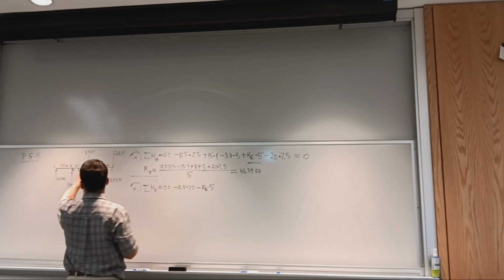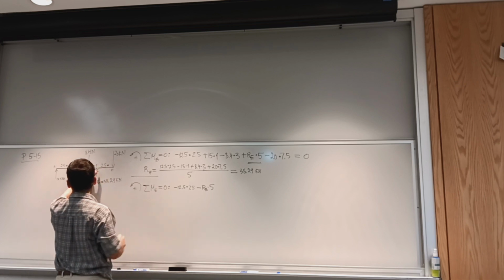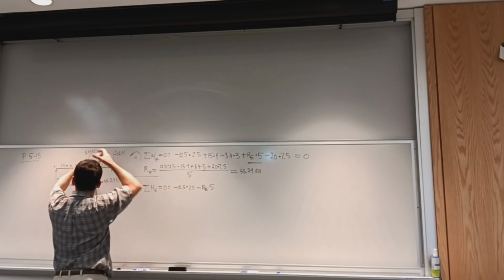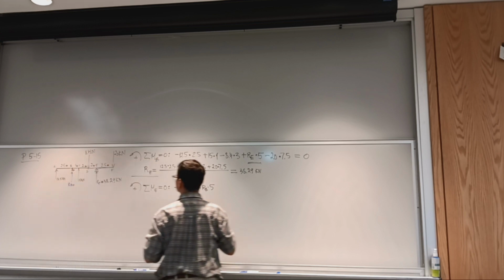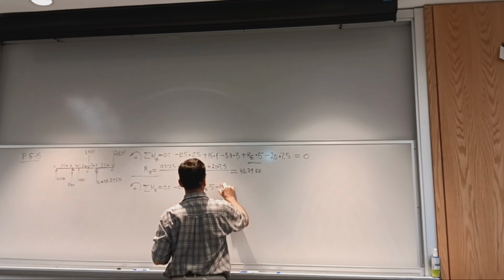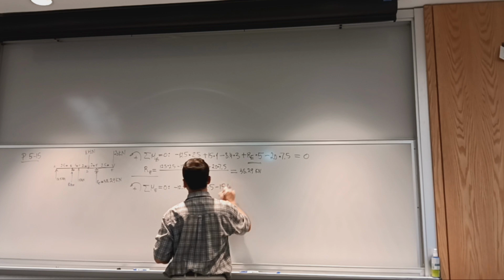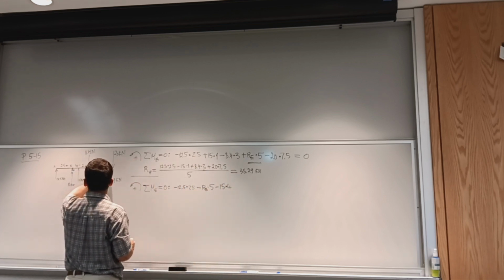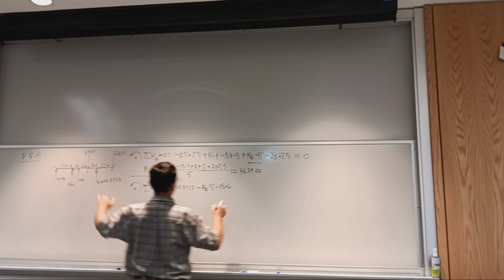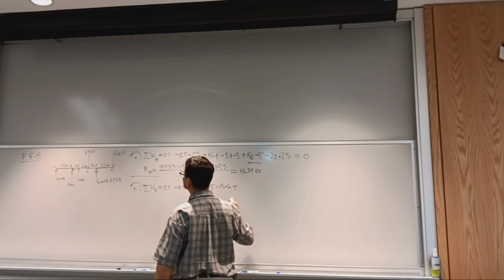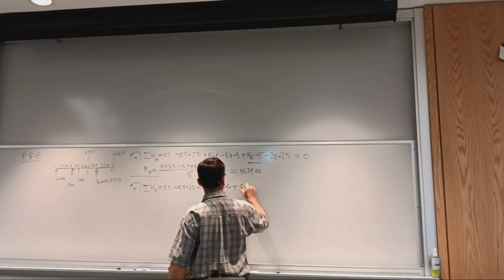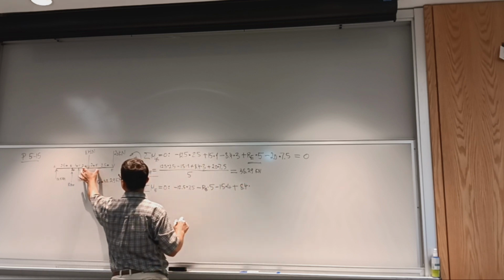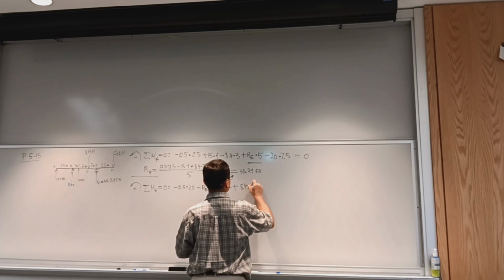And then I move to the point C. There will also be a negative moment, which is 15 times 2 plus 2, 4. So negative 15 times 4. Okay, and I see the first positive moment, the 8.4 kilonewton force multiplied by this distance, 2.